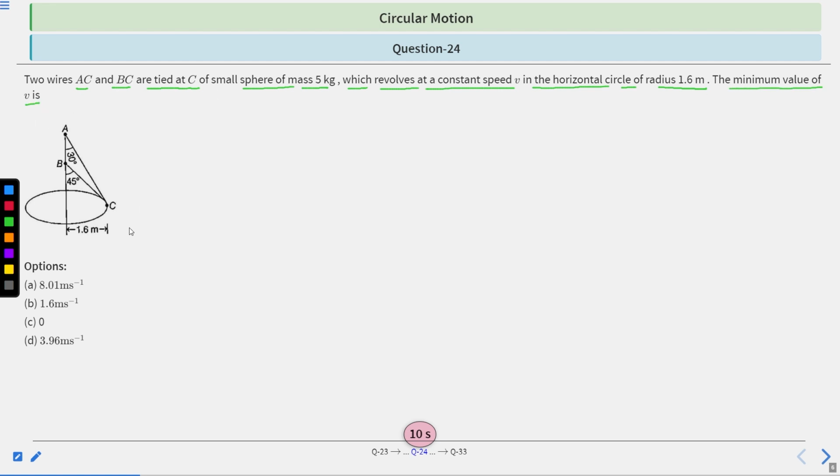So the question asks about the minimum value of v. The given options are: A option is 0.01 meter per second, B option is 1.6 meter per second, C option is 0, and D option is 3.96 meter per second. Which one is correct? You have 10 seconds to solve this question. After 10 seconds we will provide the solution. Clear?